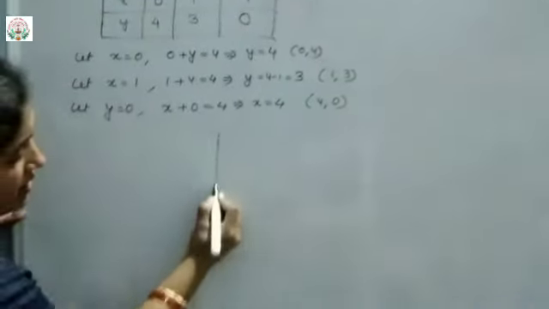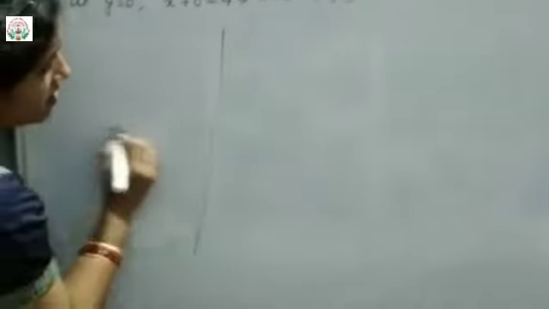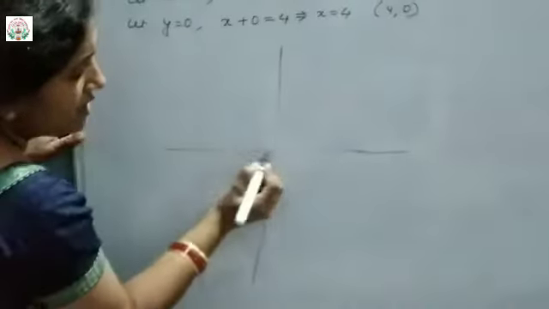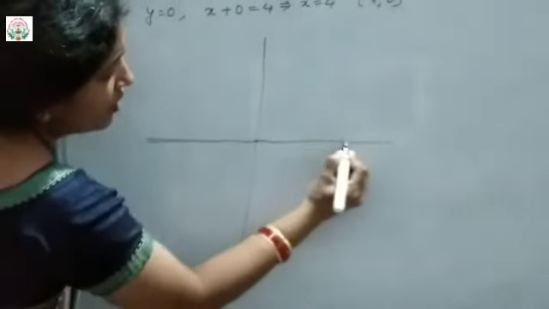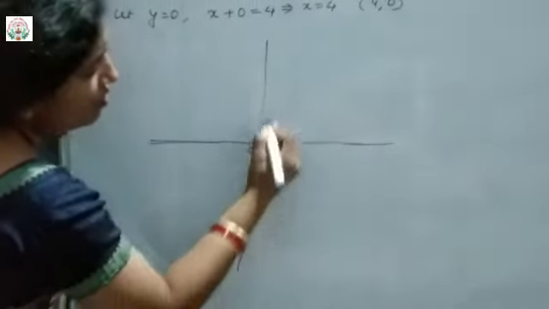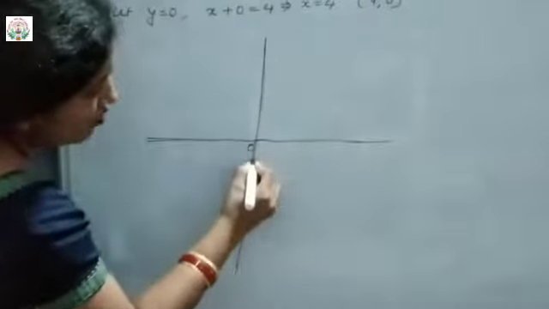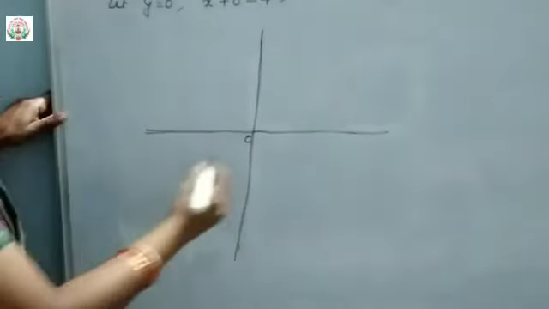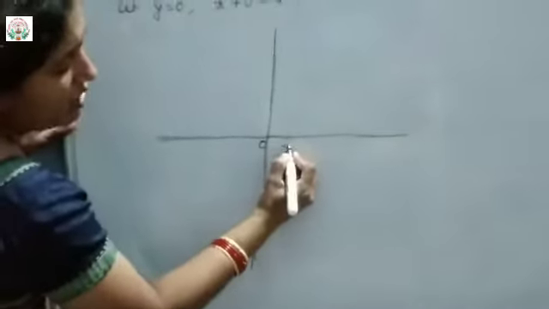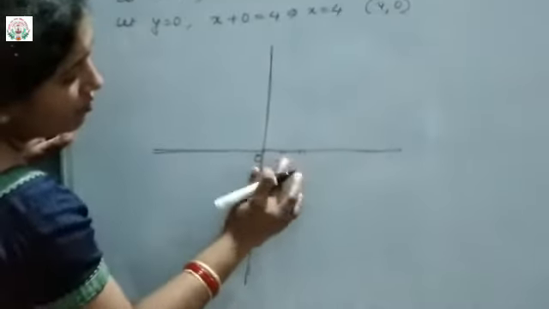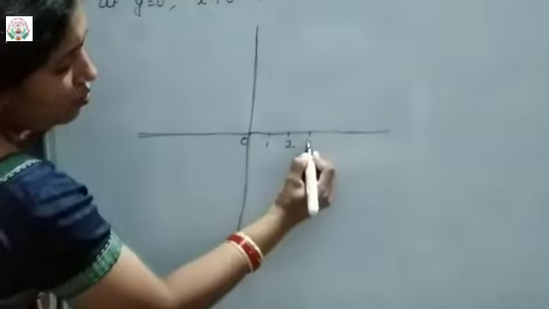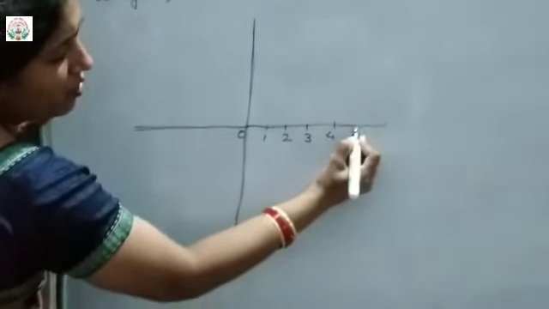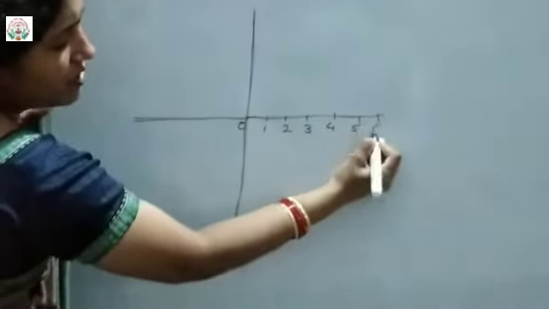Now draw the graph for it. Draw y-axis, x-axis. Then this intersection point is 0 and this is y-axis. Okay. So here numbering at equal distance, give here 1 on the positive side, this side. So 2, 3, 4, 5, 6.